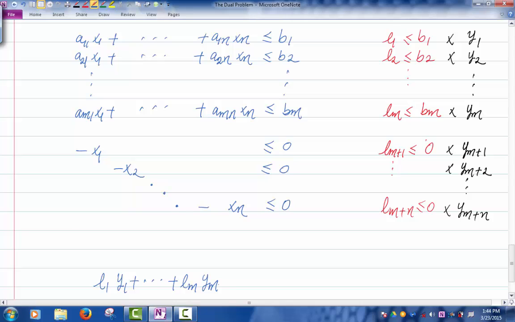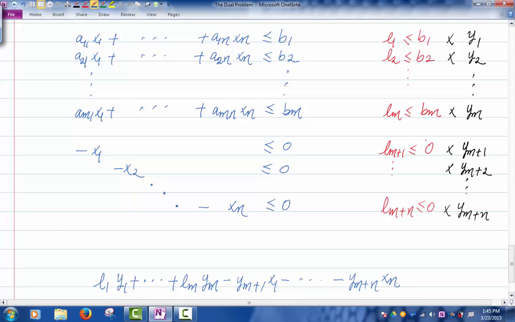You agree? On the left hand side. And what else do I get? I get negative ym plus 1 times x1, minus dot dot dot. I'm writing out the left hand sides for the other ones because it's easy to write them down. And then ym plus n times xn.